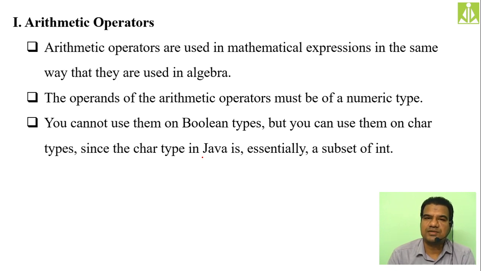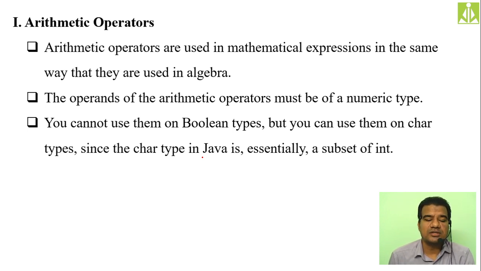All those operators we call arithmetic operators. Arithmetic operators are used in mathematical expressions in the same way that they are used in algebra. There is no difference. Whatever role those operators have in mathematics, here also their role is exactly the same. Only a few additional notations we need to discuss over here.